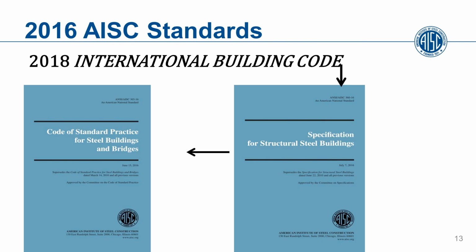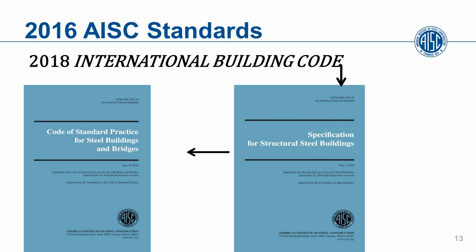What is referenced is the Specification for Structural Steel Buildings, which in turn in Chapter A references the Code of Standard Practice for Steel Buildings and Bridges. What that means is this is the only part that is an integral part of the building code. The manual is not. The specification is part of the building code, which in turn references the Code of Standard Practice. So I want you to realize it's not the manual that's referenced, but the specification and the Code of Standard Practice.